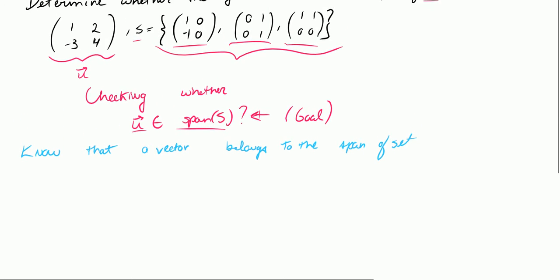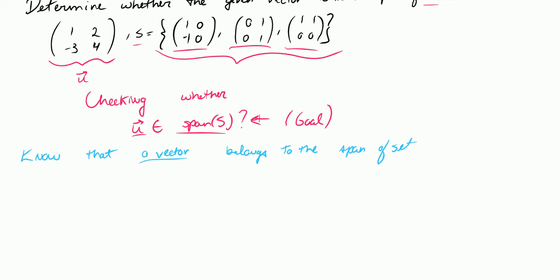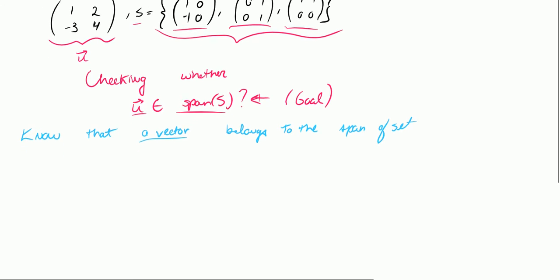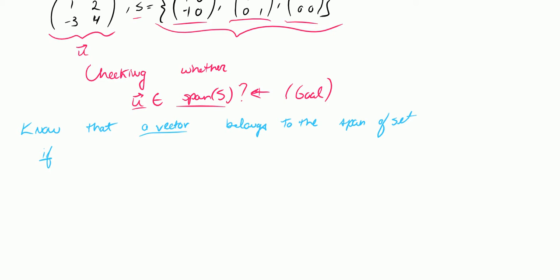So you know that a vector belongs to the span of a set if it can be expressed as a linear combination of the vectors in that set.